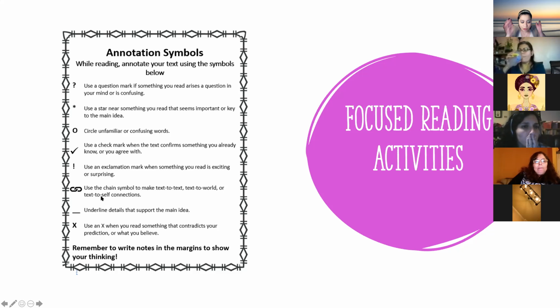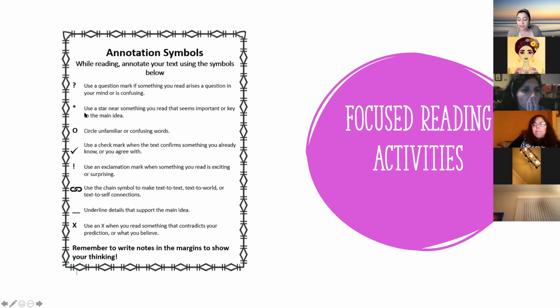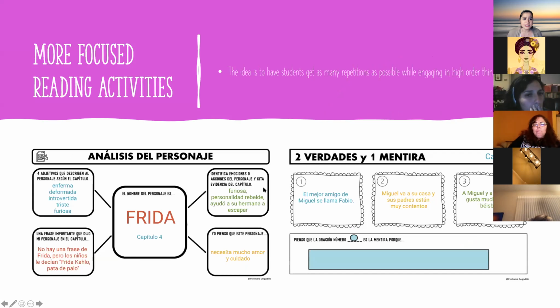And when they're reading, they're looking for specific things, so they are going to be totally focused on what they're reading. Okay, so this is another activity that I will share the link to at the end as well. Here are more focused reading activities that I absolutely have enjoyed with my students.